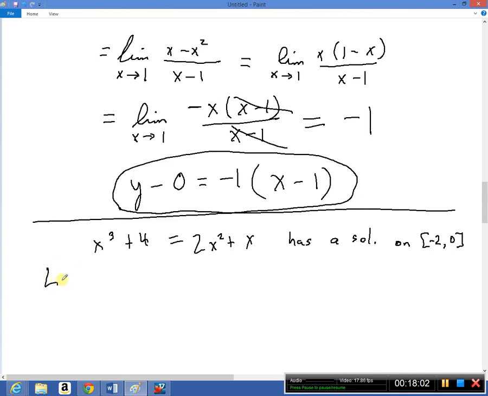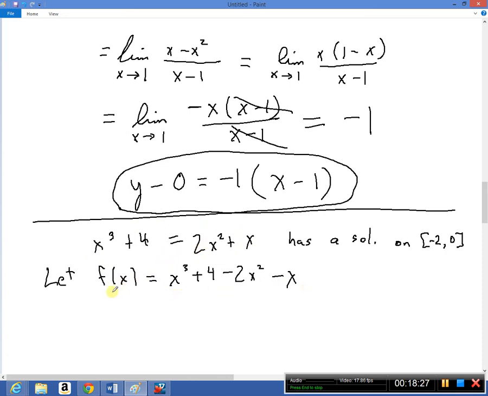You just make a function out of the difference between those two sides of the equation. So f of x is x cubed plus 4 minus 2x squared minus x. So I just subtracted the right side and made a function out of this. So now I've transformed the problem of solving this equation into a problem of finding a 0 for this function.